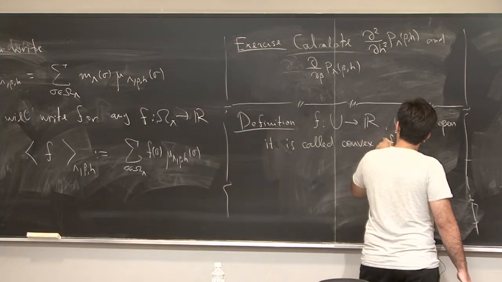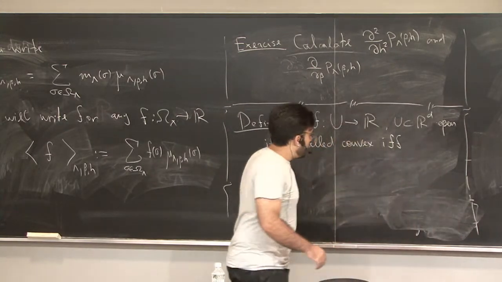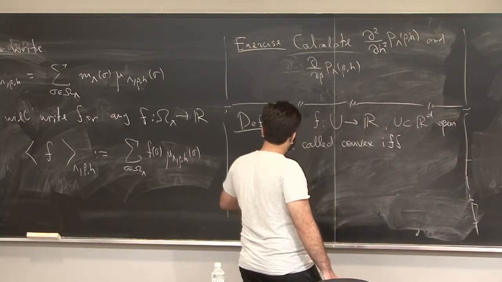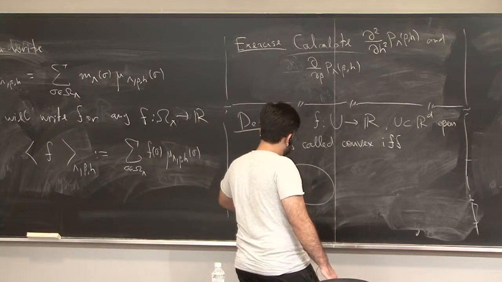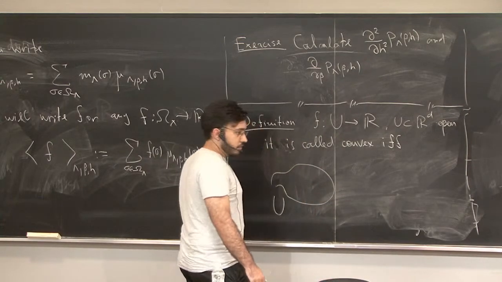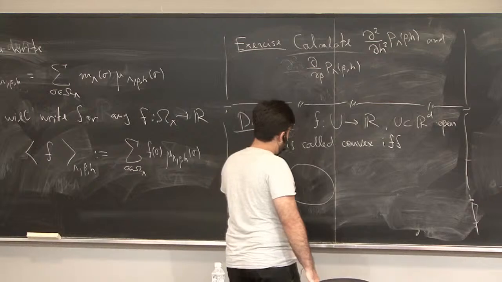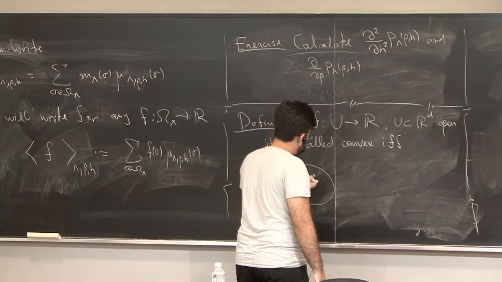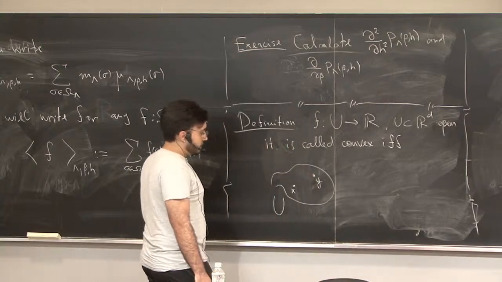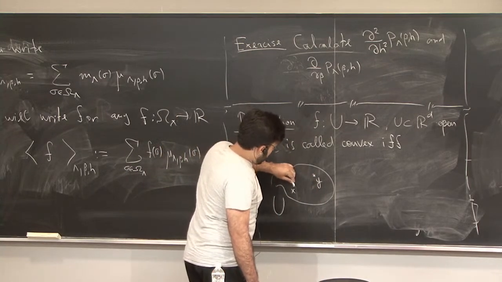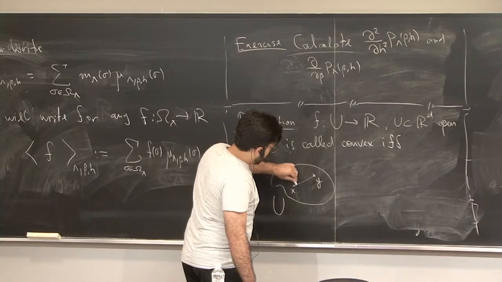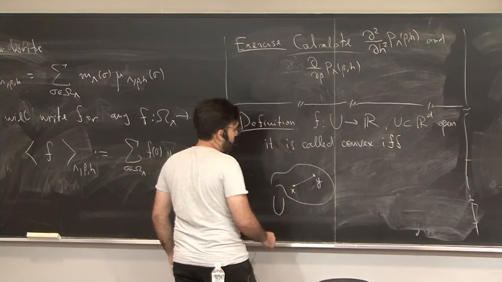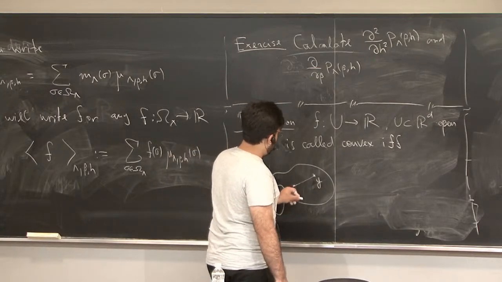Convex if and only if the following property is satisfied. If this is your set U, and you take any x and y, you can write any point in a straight line connecting x to y as follows.